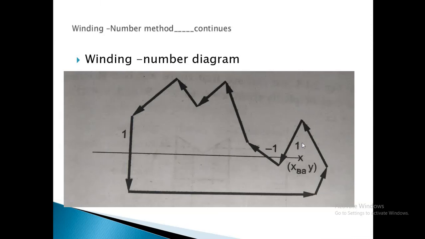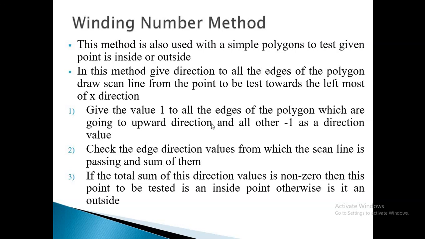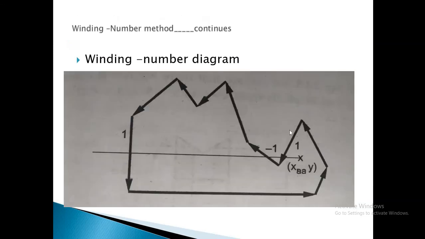Then we check whether the edge direction is upward or downward. If the direction is upward, give the value 1, and if the direction is downward, give the value -1.